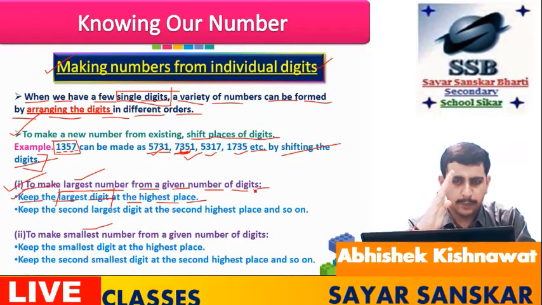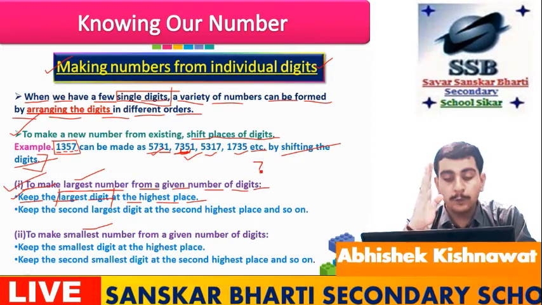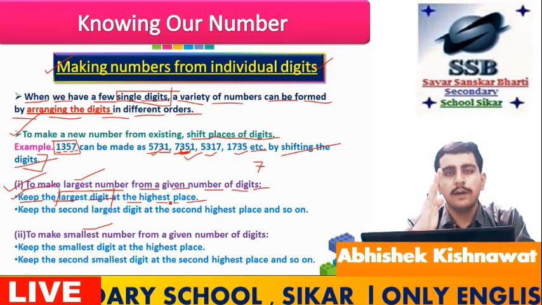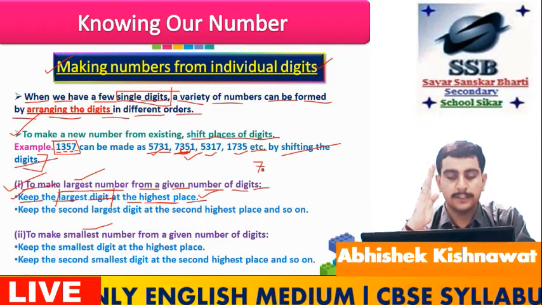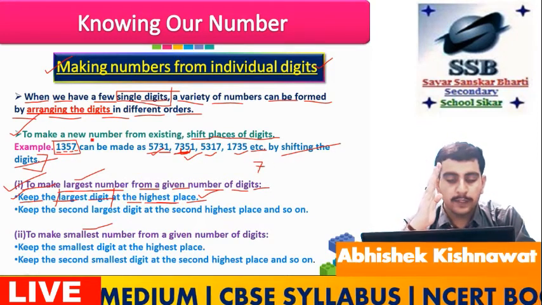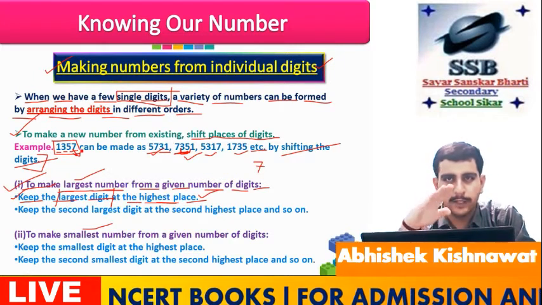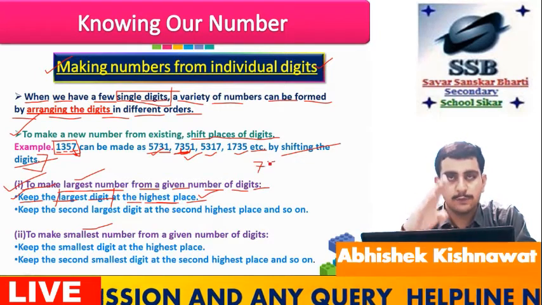You can follow them. The first case is to make the largest number from a given set of digits. What we want is a larger number. So what we have to do is keep the largest digit at the highest place. As you can see from the example, we have the digits 1357.